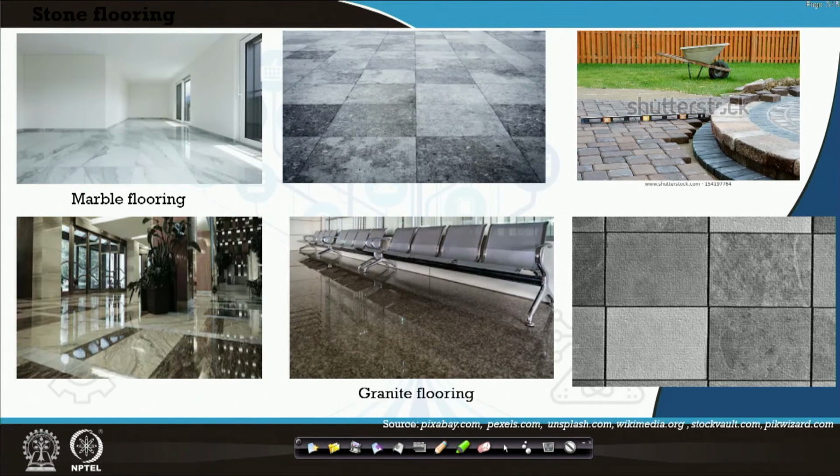You can see granite floor here, the texture is different. Same here, the granite floor, here it is a continuous, here it is a square pattern. So tiles are of smaller size, whereas tiles here are of bigger size in the lower picture. You can understand here there is a series of seats. So that means it is not a residential building.